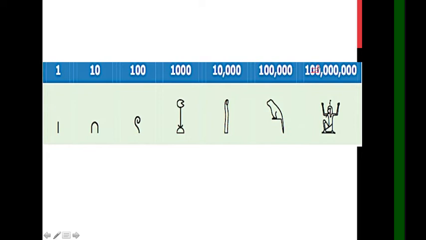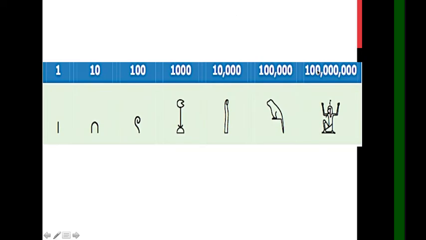And then 10 yung parang horseshoe. 100 is the coil. 1,000 is the lotus flower. 10,000 is the finger. Then 100,000 is a bird. And 1 million is a person, tao, pharaoh. Okay? So, base 10 sila.